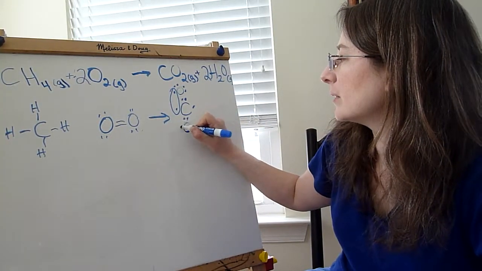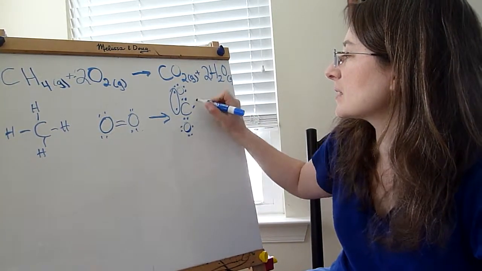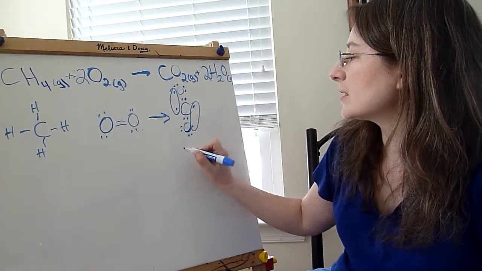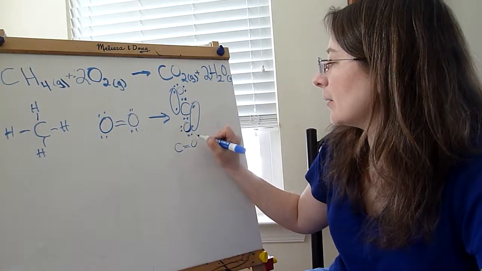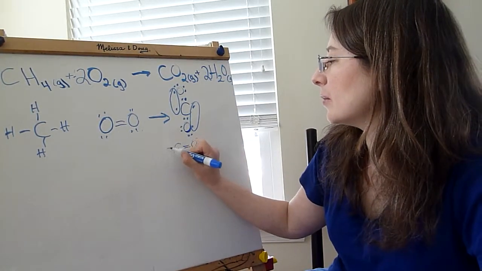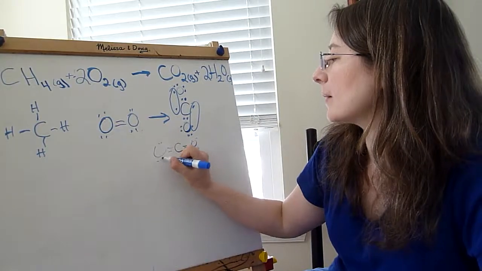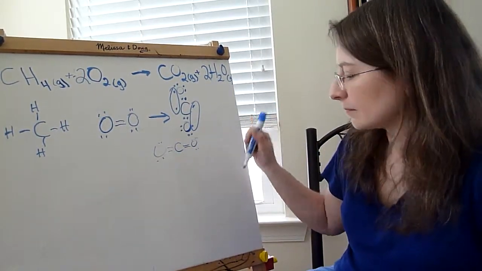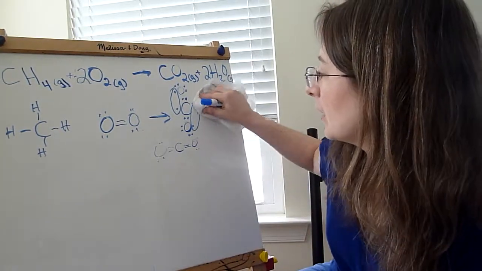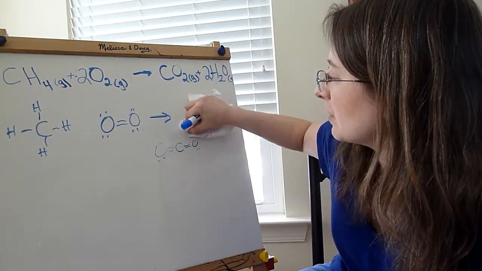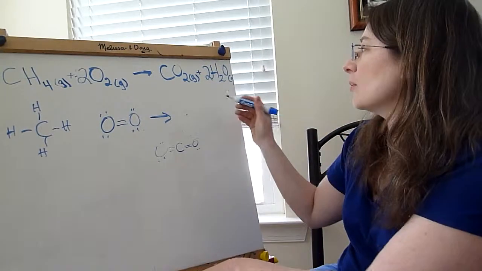Then 1, 2, 3, 4, 5, 6. This will become a double bond. So we'll really end up with C double bonded to O, double bonded to O, like that. And of course the CO double bonds will contain more energy than a C single bond O.